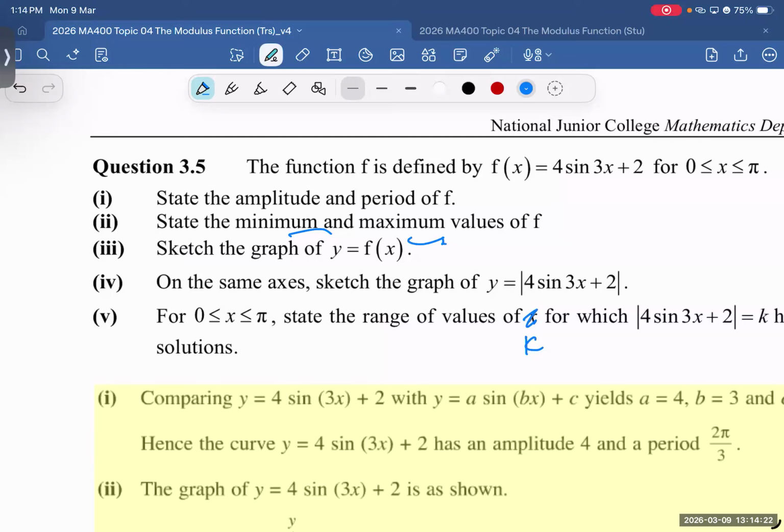Range of values for K, typo, question 3.5. Okay? Two first. Same thing.